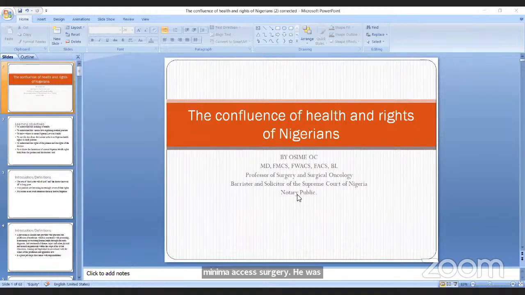He recently became a foundation MD degree holder of the National Postgraduate Medical College of Nigeria. Prof. Osime worked as a general surgeon at the Irua Specialist Teaching Hospital between April 2000 and December 2001. He thereafter transferred his services to the University of Benin in 2002, where he rose quickly through the ranks to become a professor of general surgery and surgical oncology in 2011.